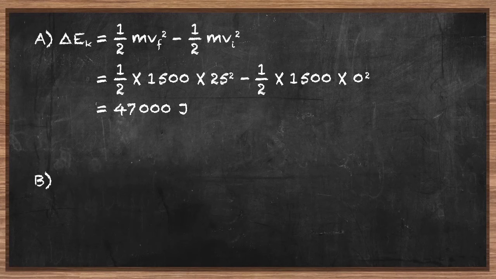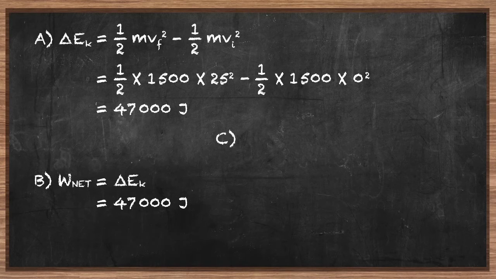Part B. The work-energy theorem says that the net work done is equal to the change in kinetic energy. Therefore, the net work done on the car is 47,000 joules. Part C. The net work done is equal to the net force times the displacement of the car times cos 0.